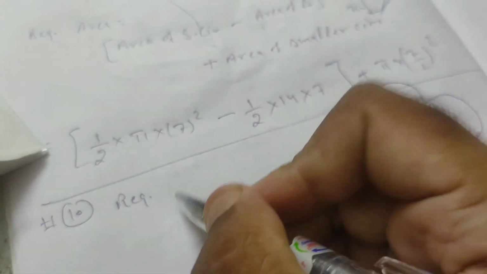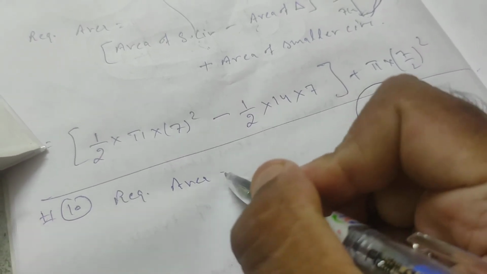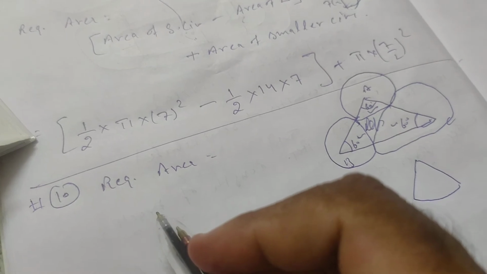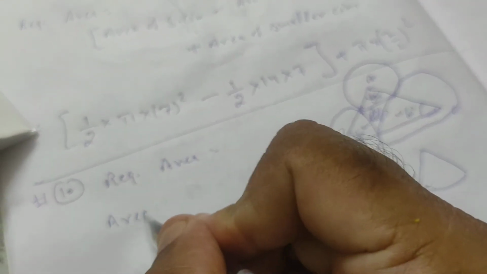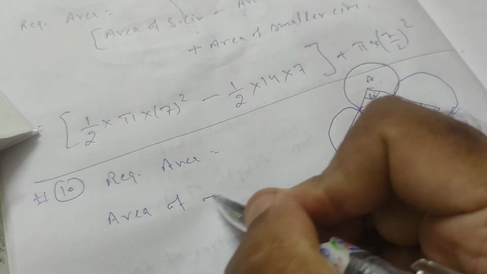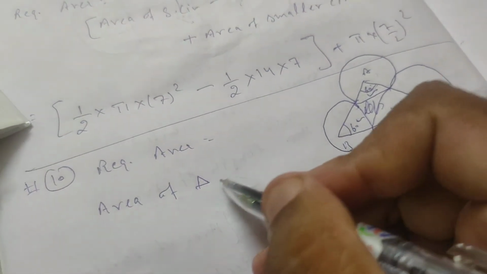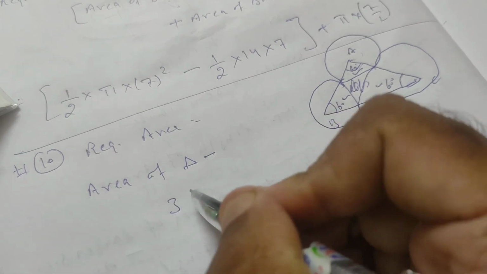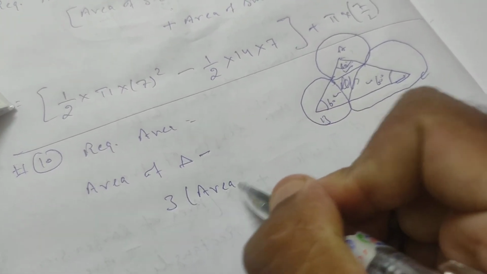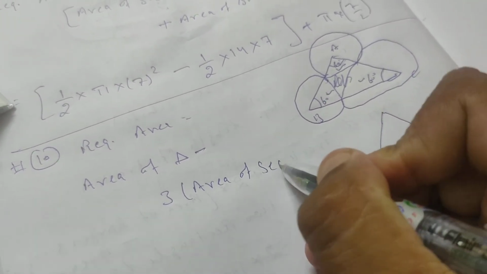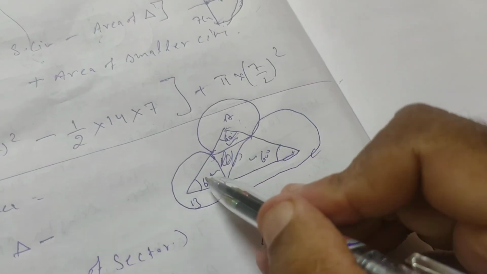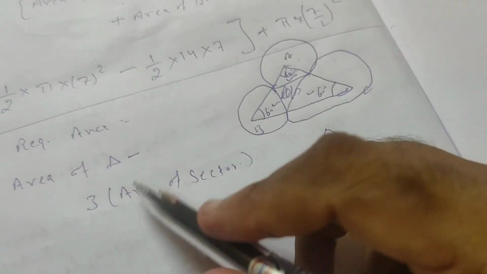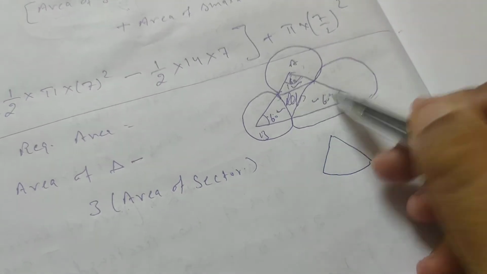Now you know very well the required area is, you say sir, area of triangle minus 3 into area of sector. This means 3 sectors, so 3 into area of sector.